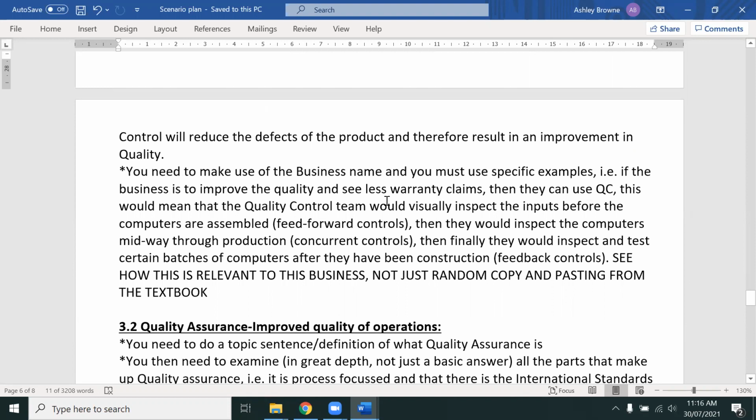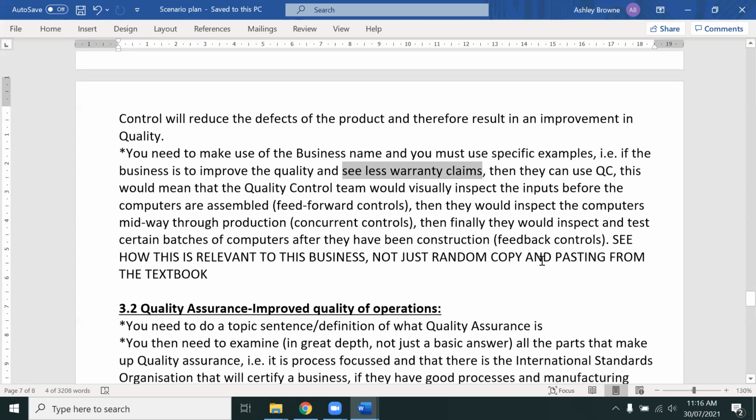And I want to see things like, if you're talking about quality, then often the term improved warranty claims can be used. This means how many customers would claim on their warranties. If there are less problems because you've got good quality control, so less defects, customers are happy with their devices, and they don't make as many warranty claims.